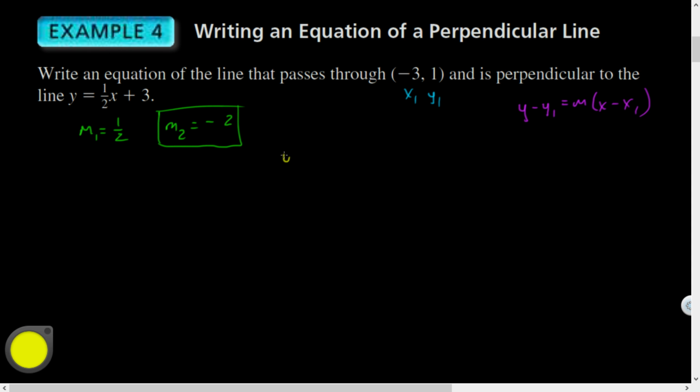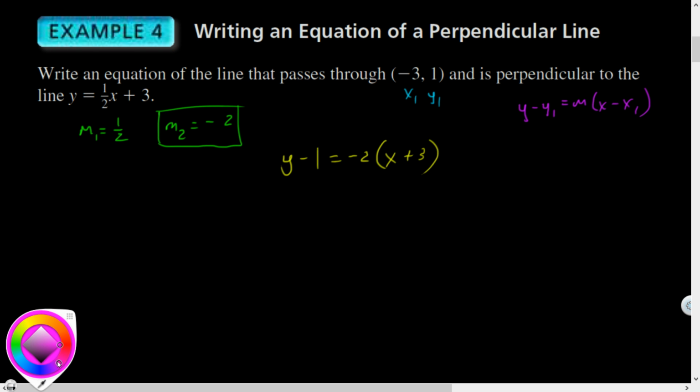Y minus y1, so that's y minus 1, equals m, which is negative 2, parentheses x minus x1, and x minus a negative 3 will be plus 3. So here's my equation in point-slope form. That's technically sufficient to leave it in that form, but we'll also practice putting it into slope-intercept form.